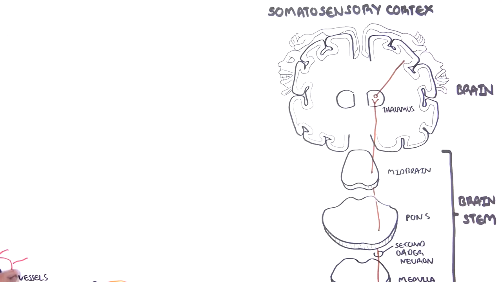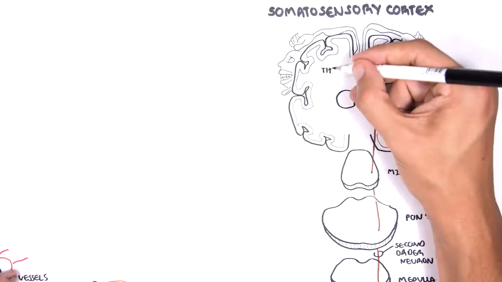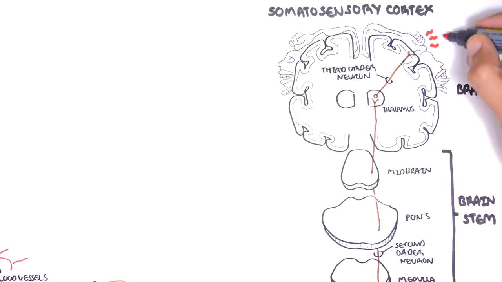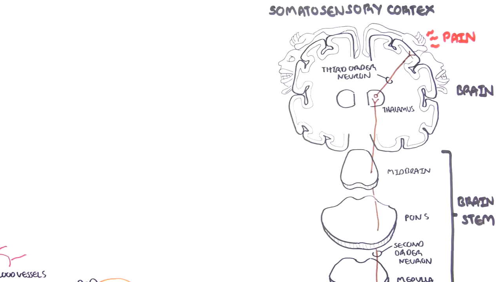The third order neuron, which is now stimulated, will carry this action potential stimuli to the somatosensory cortex. And the third order neuron will actually discern which area of the body that information originated from. So here it will be the hand. And so here, the somatosensory area for the right hand, the perception of pain is felt.